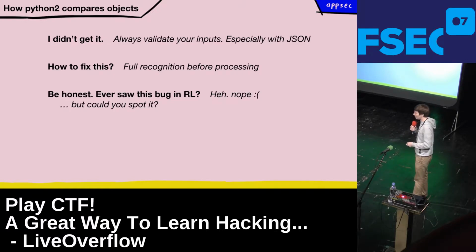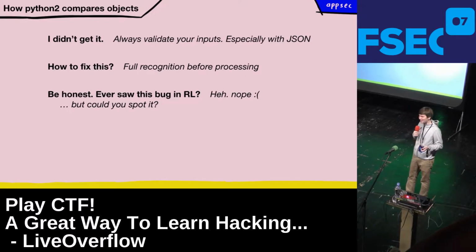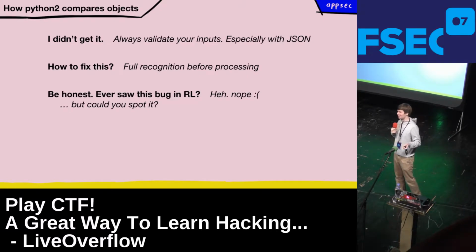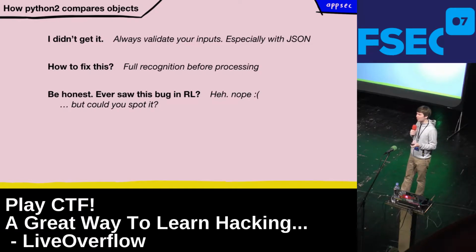And also, I want to be honest, have I ever seen this in real life in an application? And I have to be honest and say, no. In every Python website or code that I get to audit, I specifically look for these type confusion kind of things, and I've never seen it. But the point is not whether this is a likely vulnerability.